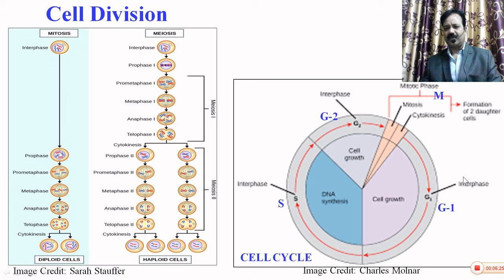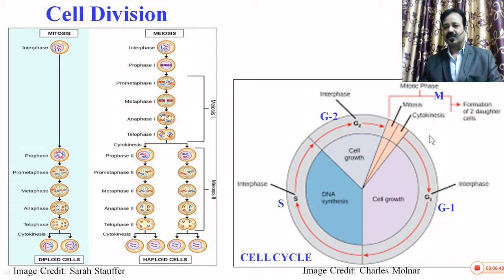Now in case of mitosis, or the M phase, it is a process of cell division in which each cell divides into two daughter cells. Each daughter cell has the same number and kind of chromosomes as the parent nucleus.